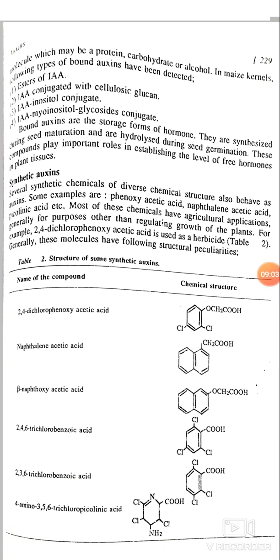Synthetic auxins. Several synthetic auxins, or chemicals of diverse chemical structure, also behave as auxins. Some examples are phenoxyacetic acid, naphthalene acetic acid, picolinic acid, etc. Most of these chemicals have agricultural applications, generally for purposes other than regulating growth of the plants.